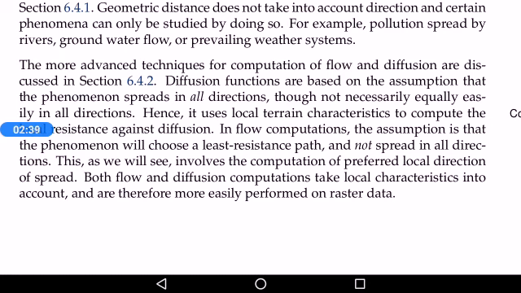So both the flow and diffusion computations take into account the local characteristics, the characteristics of the locality, and therefore it is easier to perform these kind of computations on raster data.